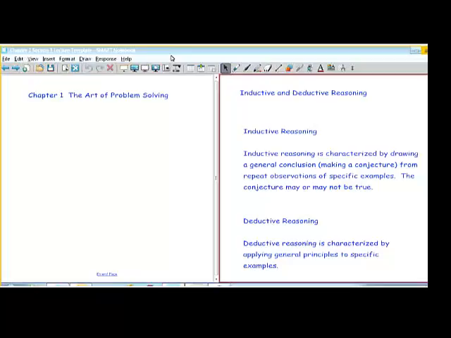To get to those conclusions, somebody observed, hey, every time I see a red sky in the morning, it seems like it's going to rain, or there's going to be some weather problem. So the conjecture is that when you see a red sky in the morning, you're going to have some kind of weather situation. And they didn't just make that up. Somebody made observations, and after they made enough observations, they made that conjecture.